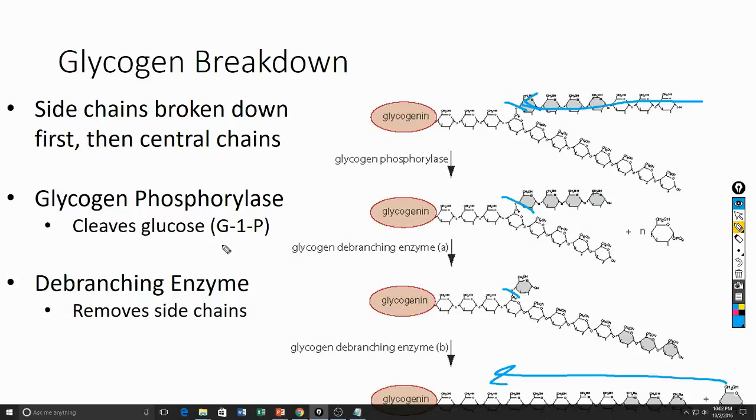We're not too worried about the different enzymes within the process. I included them here, if you're so inclined to look at that. But essentially, you just start breaking down and releasing individual glucose molecules, so that your muscle, say, can take it up and do that glycolysis process.